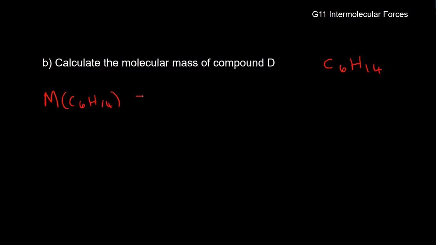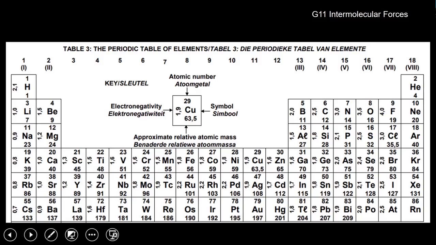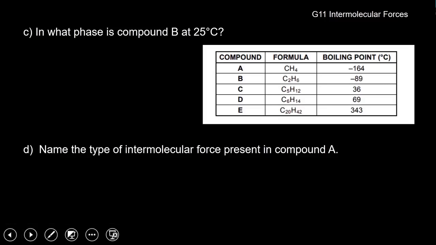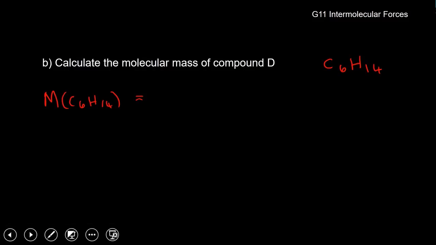We need a periodic table to do this. So we're looking for carbon. Our relative atomic mass is there. Can you see it? It will be at the bottom of each block. And so carbon is there, and its atomic mass is 12. Hydrogen is 1. So we are going to use those values in our calculation.